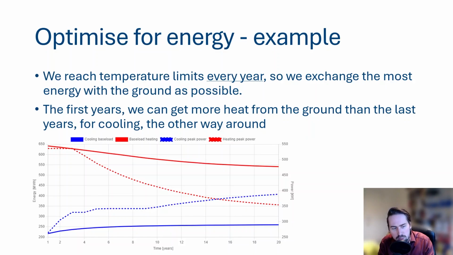So if we optimize for power, we know, well, the power we have installed we can use in every year. So every year we'll have the same geothermal share. In this case, this is not the case, because in the first year we can have more heating share than in the later years, and for cooling it's the other way around. So now not every year is the same after we optimize.